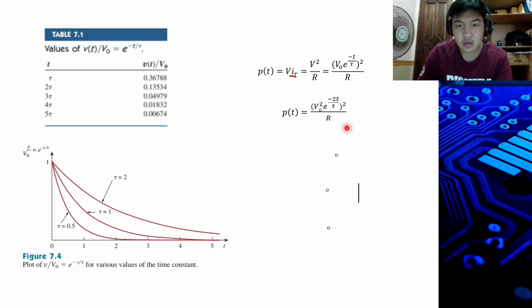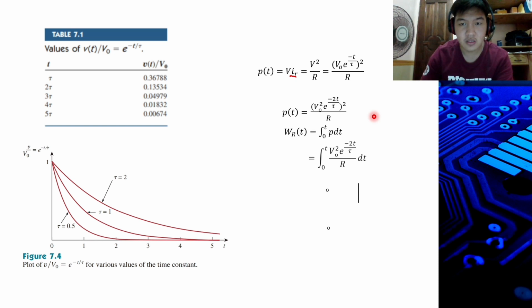squared over R. And we can also find the energy dissipated using this formula, where the integral of p dt from 0 to t, we can substitute the power using this one.